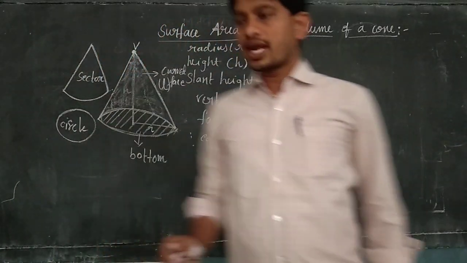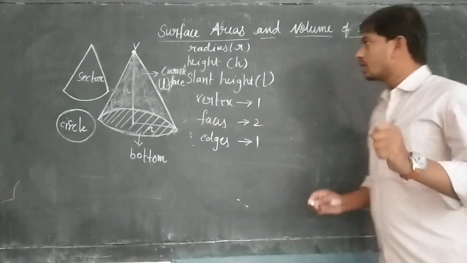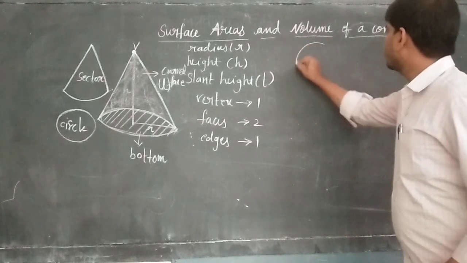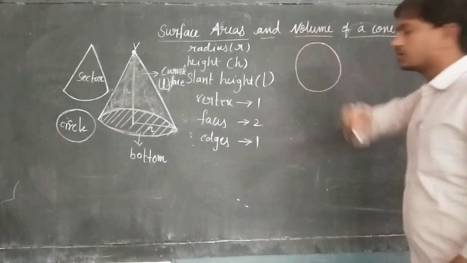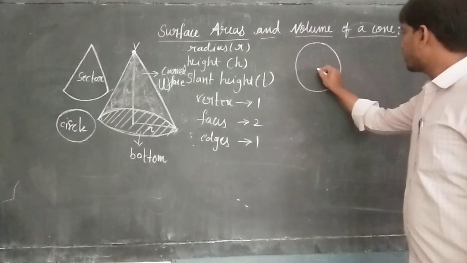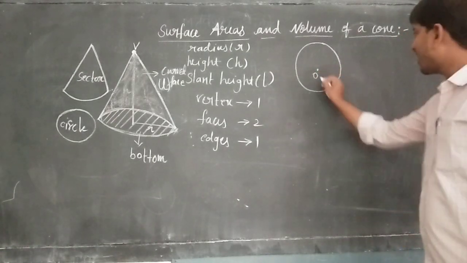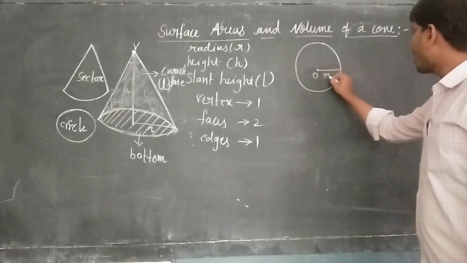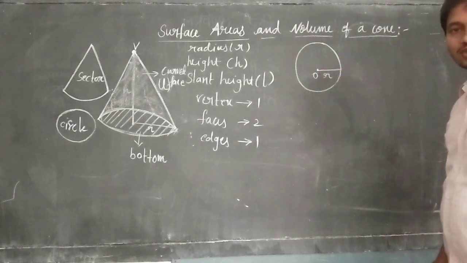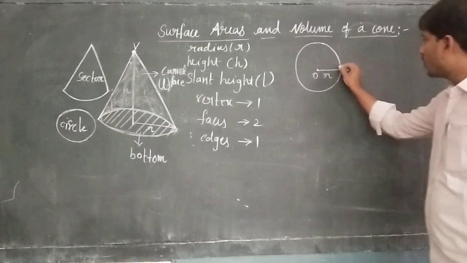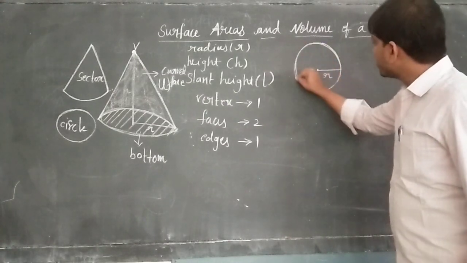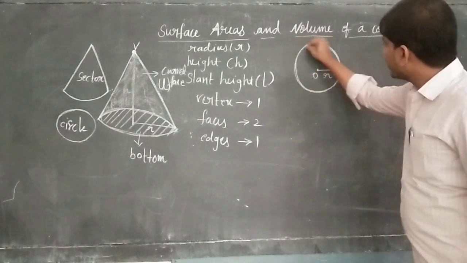Students, as we know about the circle, this is our circle. The center of the circle is O, and this is our radius r. What is the circumference of the circle?